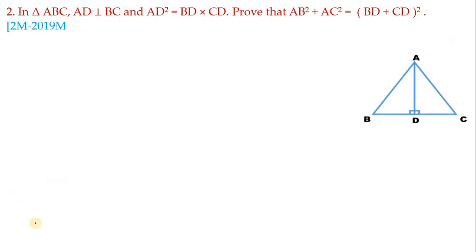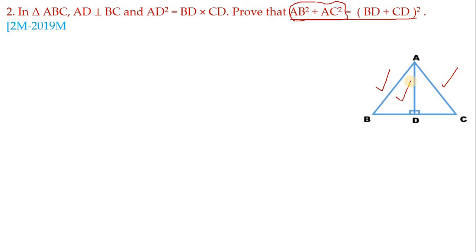So now what are they asking? They are asking to prove AB square plus AC square is equals to BD plus CD whole square. Now carefully understand. See here in left hand side what we want to get? We wanted to get AB square plus AC square. So AB is here and AC is here, and this is ABD triangle.